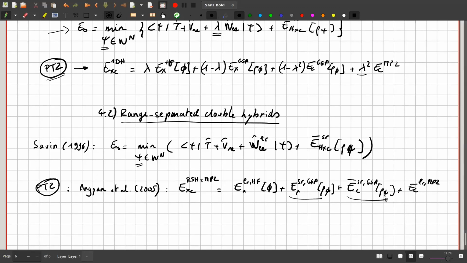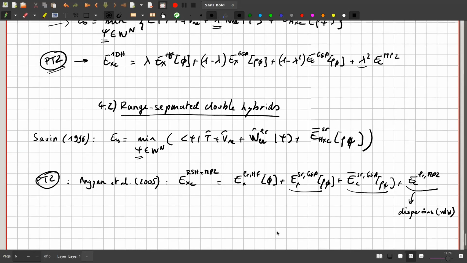And the advantage of this scheme is that, well, first, you only need the short range component of the exchange and correlation DFT functional, which are easier to approximate with a semi-local approximation. And now you have an explicit MP2 term for the long range correlation part, and this can be used to compute dispersion interactions, okay, which are part of the van der Waals interactions.